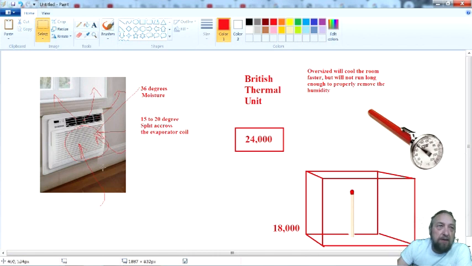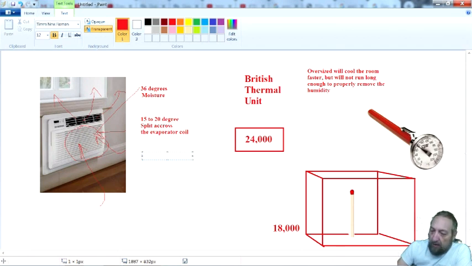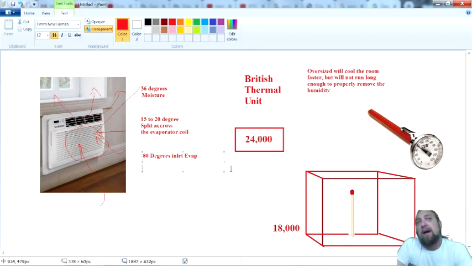So what that means is, let's say the air coming in the AC coil is 80 degrees. Okay? The air coming out, should it be colder or warmer? Colder. It should be colder.